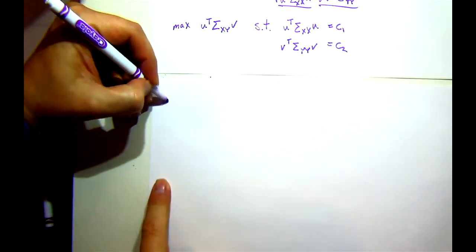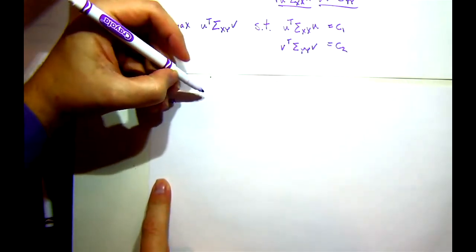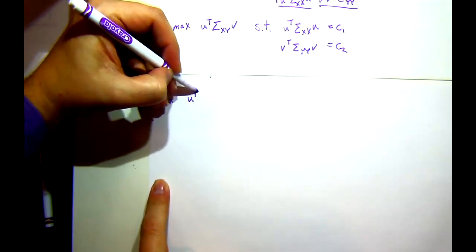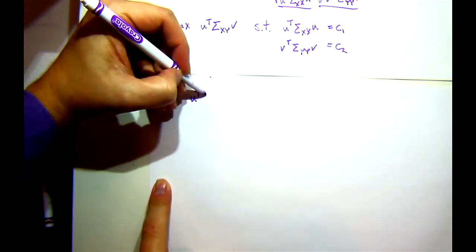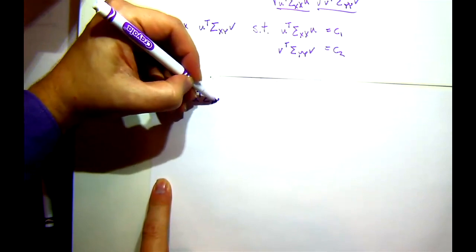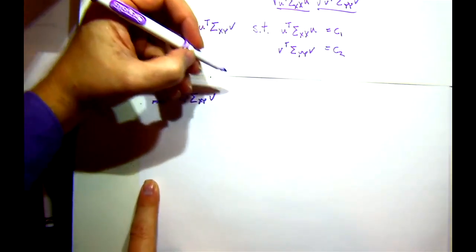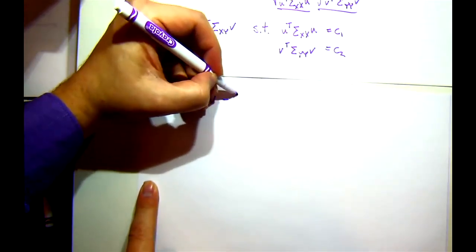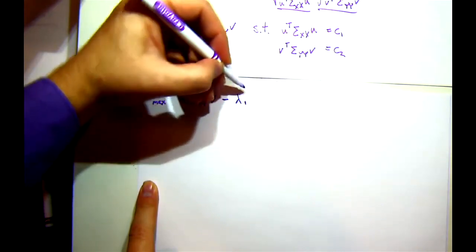So we're going to try to maximize U transpose sigma xy V. And then this is where the Lagrange multipliers come in.